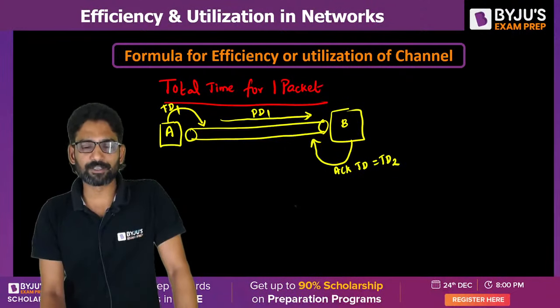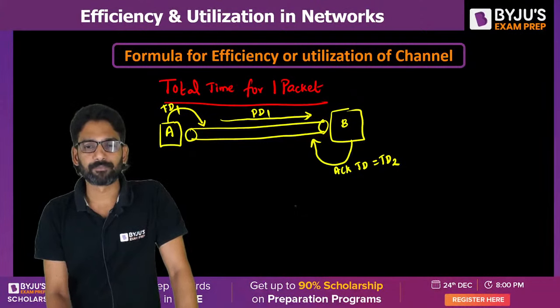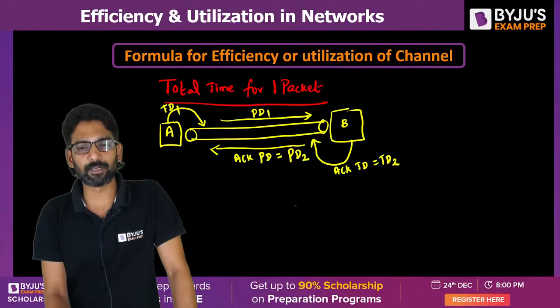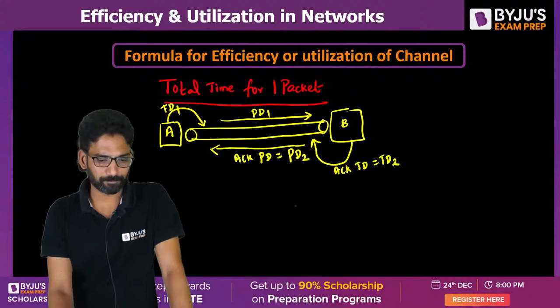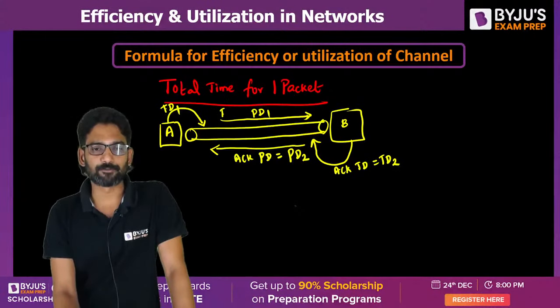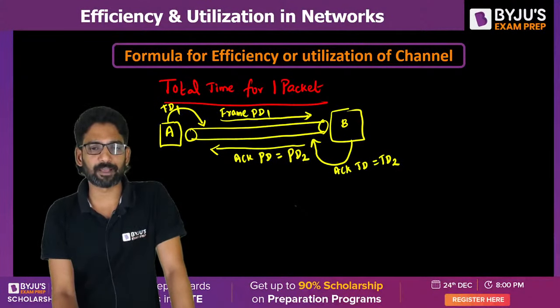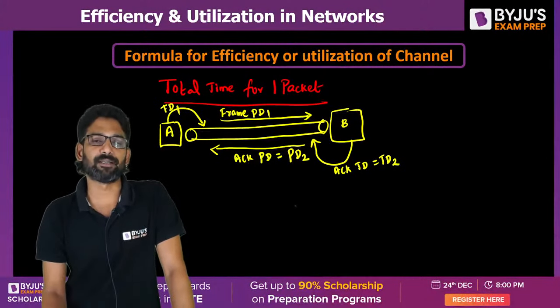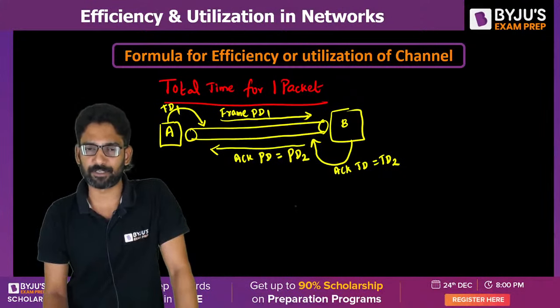So acknowledgement transmission delay, and acknowledgement should be propagated. Acknowledgement propagation delay. Okay, this is frame transmission delay, frame propagation delay. This is acknowledgement transmission delay and acknowledgement propagation delay.